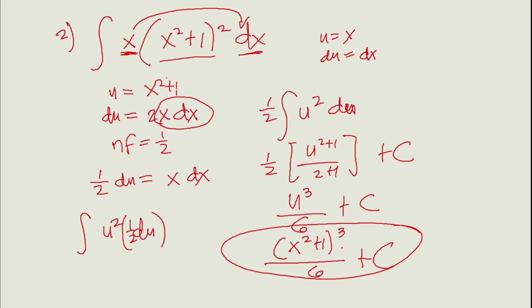Let's have number 3. In number 3, we have here the problem integral of (x squared plus 1) squared dx. Can we use integration by substitution? Let's try. So u is equal to x squared plus 1.